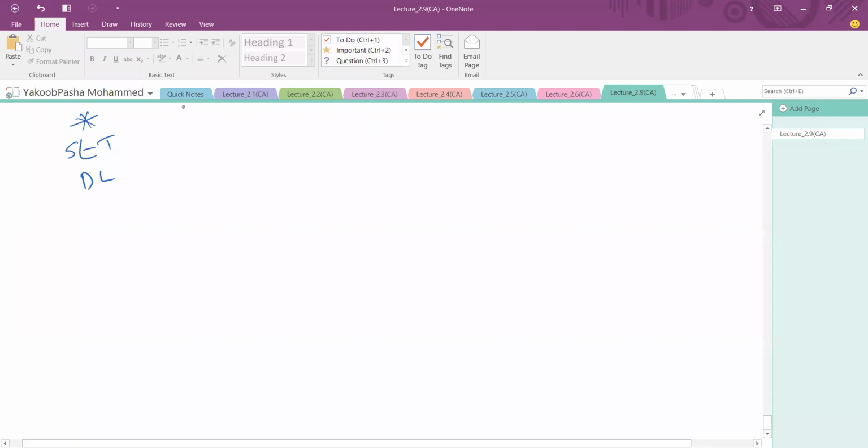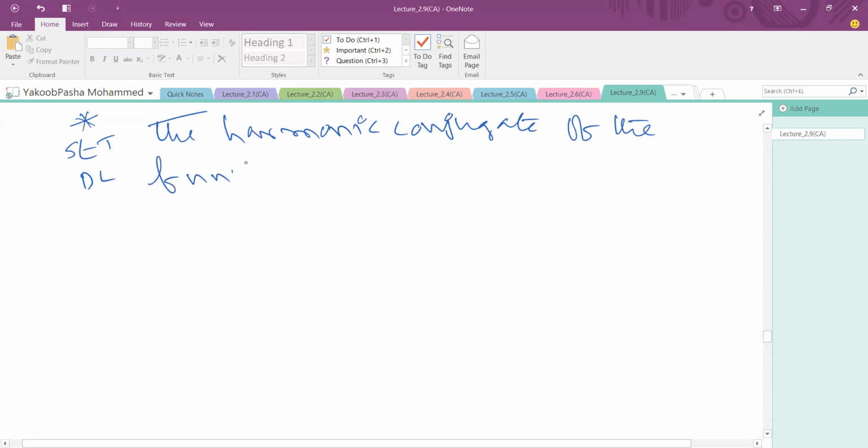Okay. The harmonic conjugate of the function u of x comma y is equal to 2x minus 2xy is.